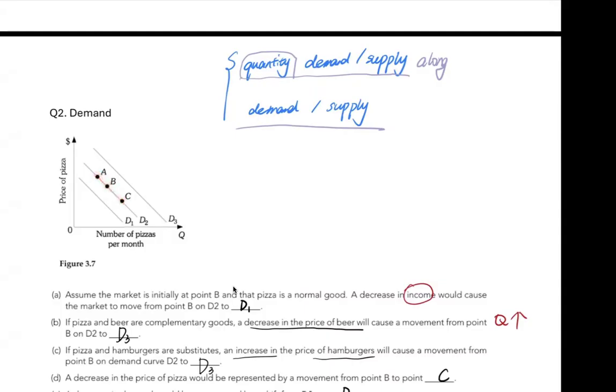And there are only 2 reasons for moving from A to B, B to C: the price or quantity of itself changes. So in this example, only a change in the price of pizza or in the number of pizzas demanded can cause the quantity demanded to change from A, B, C, D shifting points.